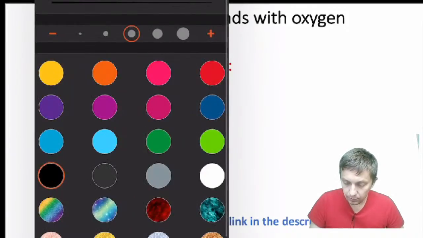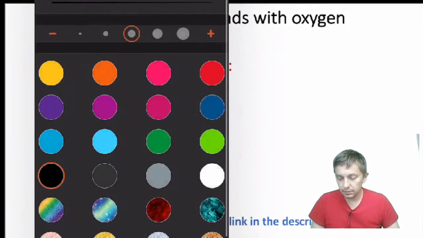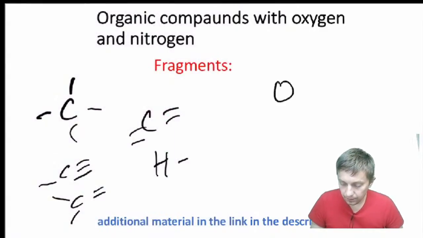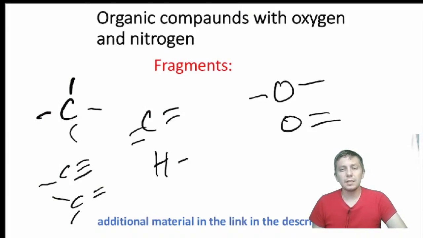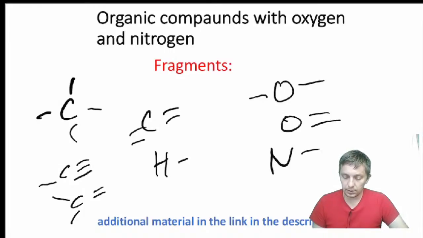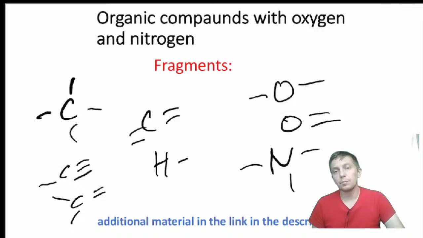And for oxygen, we have two possible fragments, like this or like this. And with nitrogen, in 95% of cases, everywhere except compounds where nitrogen is bonded with oxygen, we are dealing with nitrogen which has 3 bonds, and if it's charged, it has 4 bonds.